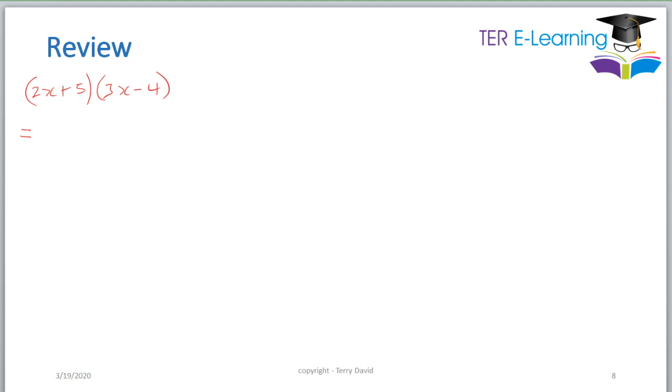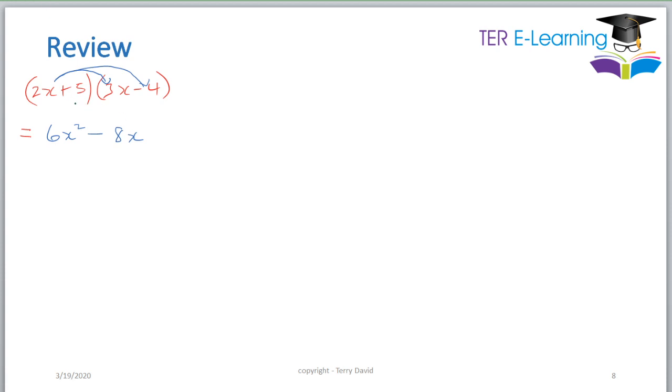There's a method we're using here. This is what we're going to do. I'm going to take the first term and multiply it by everything in the second bracket. So 2x multiplied by 3x will give me 6x squared. And then 2x by minus 4 will give me minus 8x.